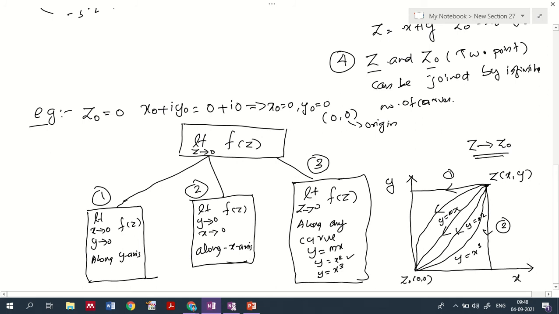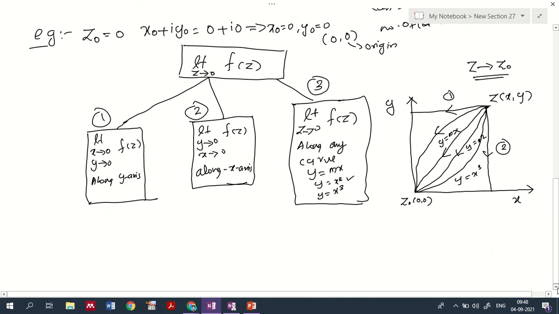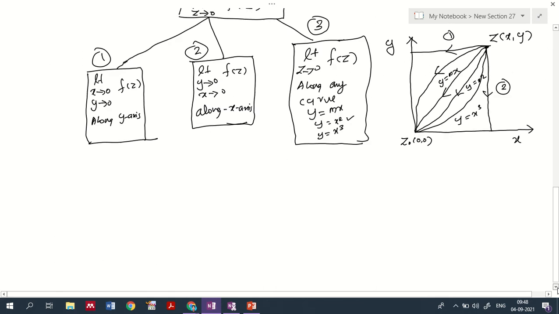So we will get a curved path like this. The curve will be y is equal to mx, or y is equal to x square, y is equal to x cube, any representation. This is actually connecting two points, so an infinite number of curves can be accommodated by connecting z and z0.